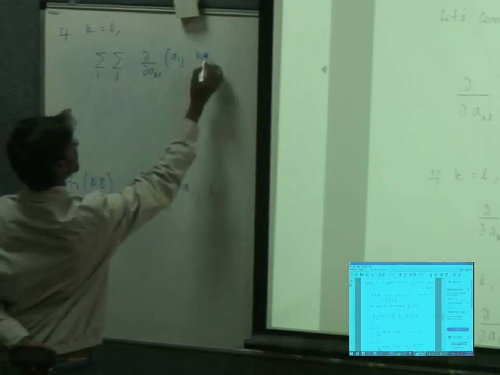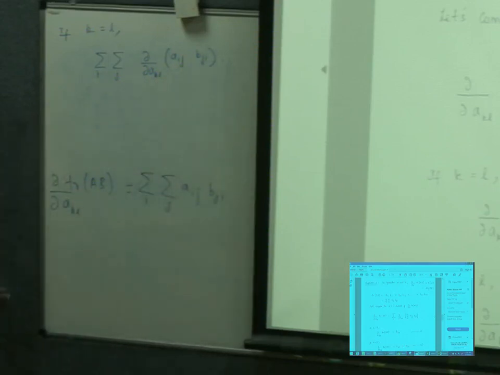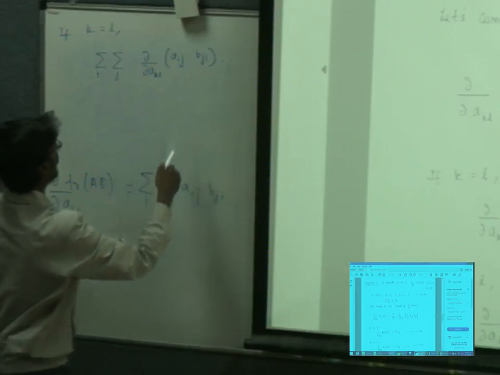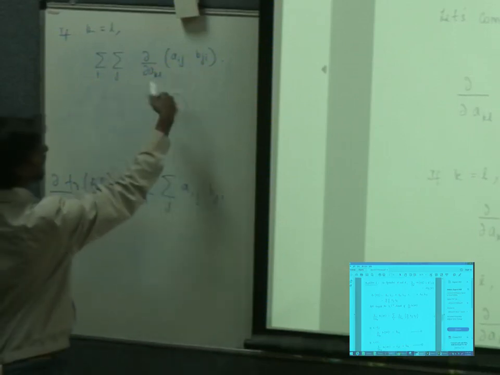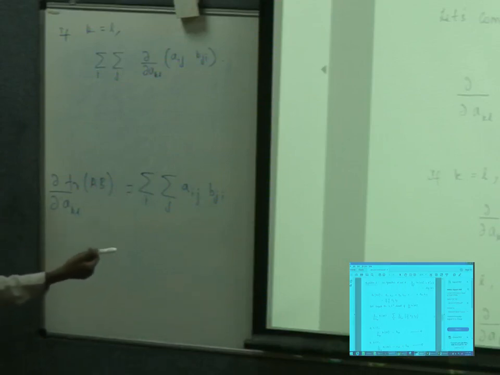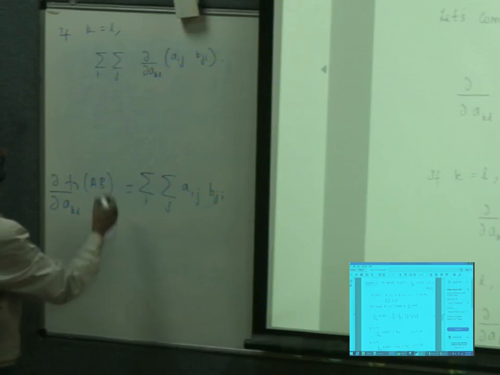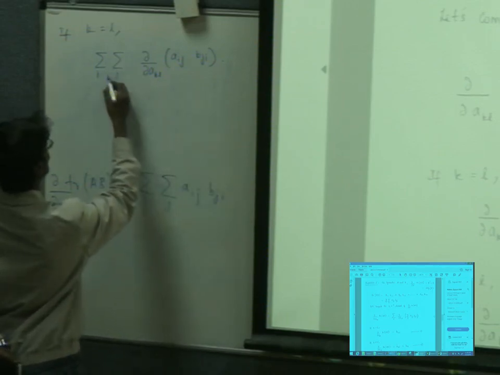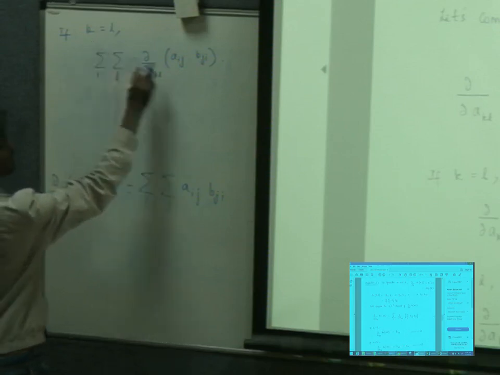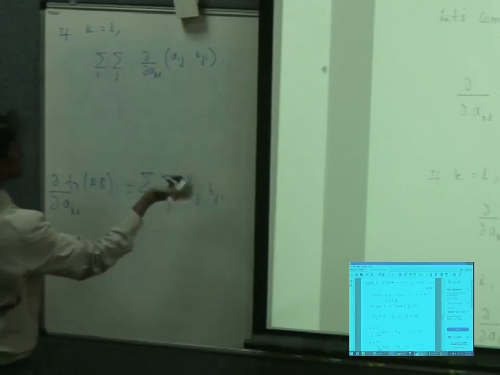So when will this term be 0 and when will it not be 0? Only when i is equal to k, only at that time this term will not be equal to 0. For the other cases it will be 0. So only when i is equal to k, you can remove the sum, and wherever you find i, you put k.